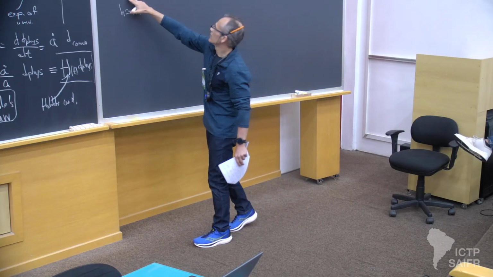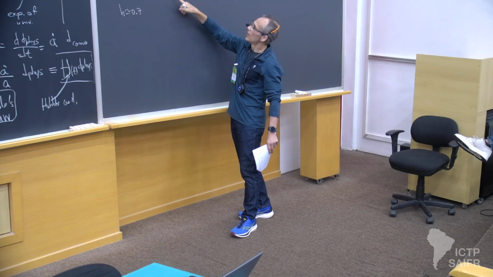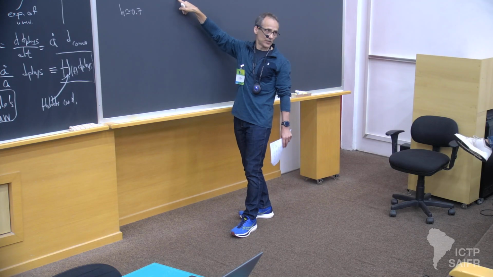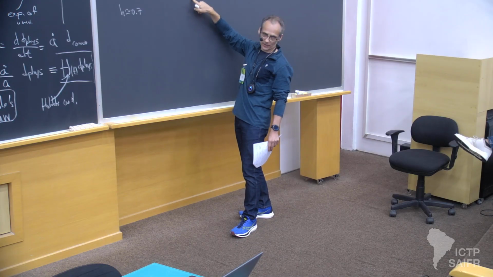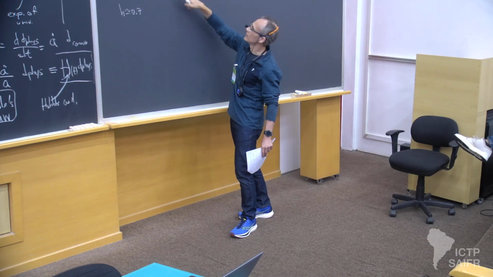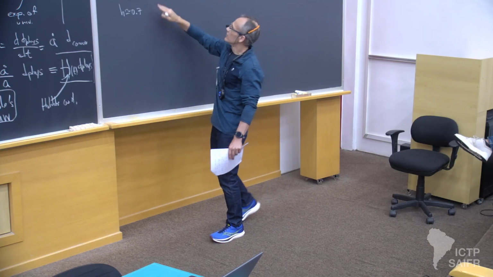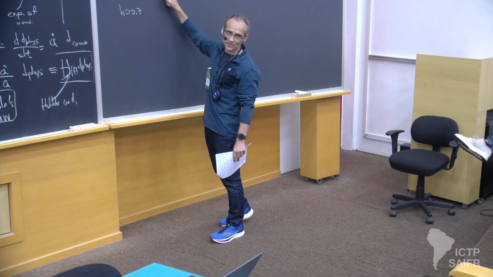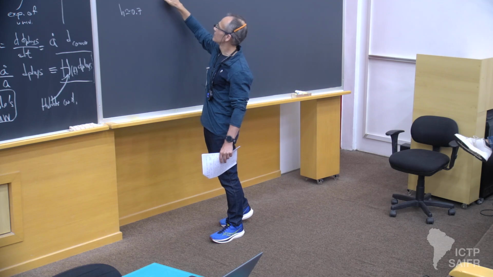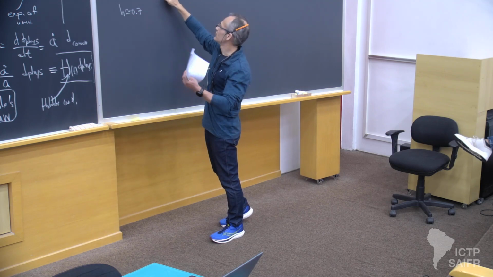So the Hubble constant has units of 1 over time. Because we measure velocities in kilometers per second and cosmological distance in megaparsecs, there are two distance units that cancel and it has units of 1 over time. The reason for writing it in this very strange way, 100 times little h, has to do with historical reasons.